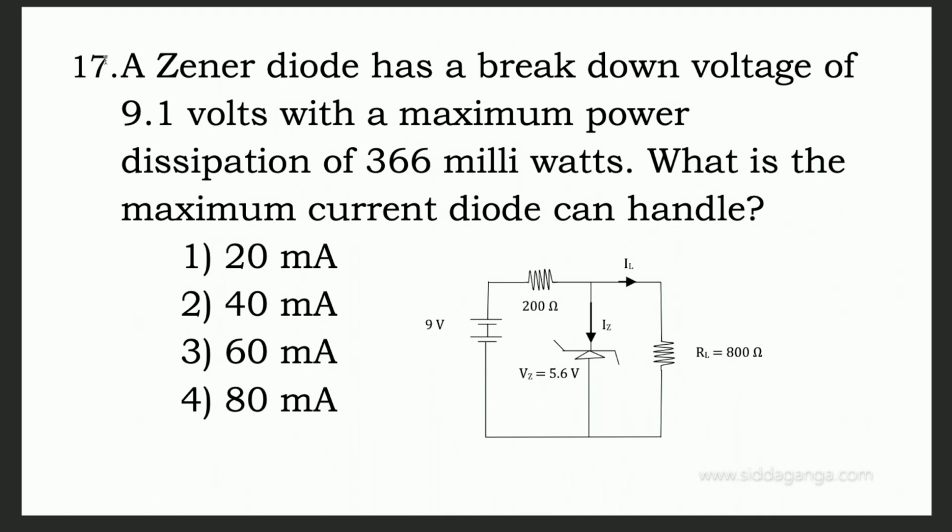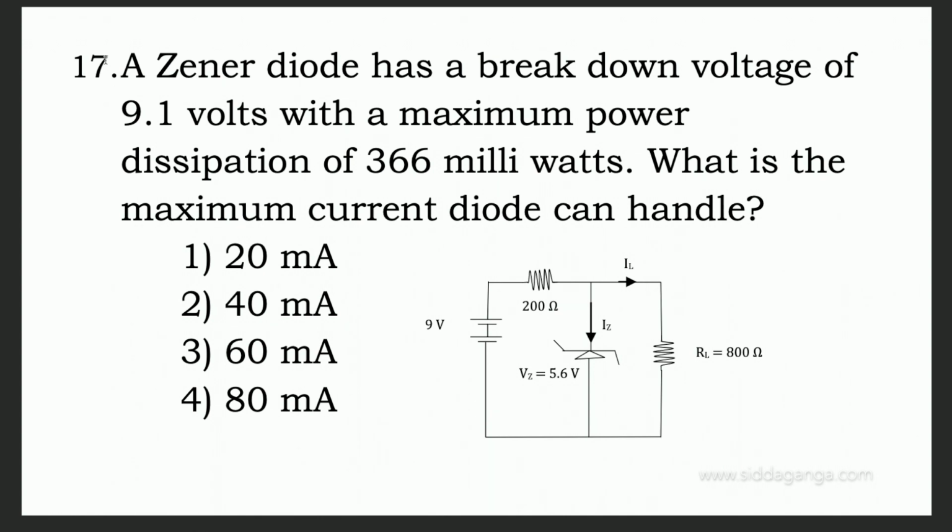There is a limiting resistor connected, and a resistor parallel to the Zener as a load resistor. 5.6 is the Zener voltage. Supply voltage is 9 volt, the main voltage. The limiting resistance is 200 ohm, and the load resistor is 800 ohm.